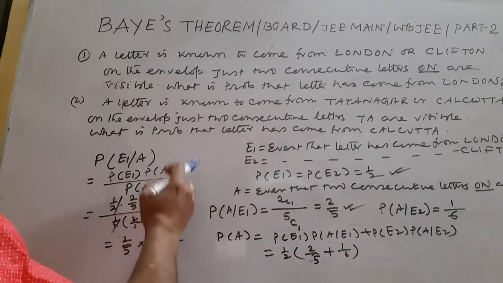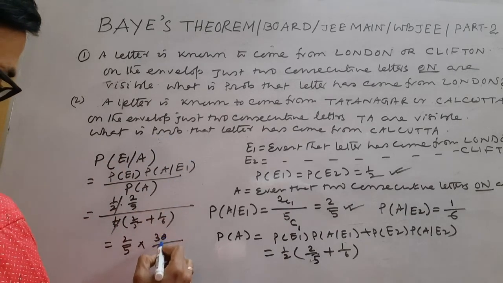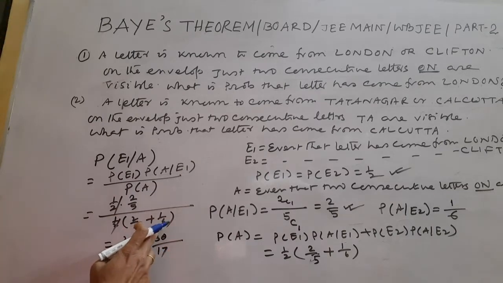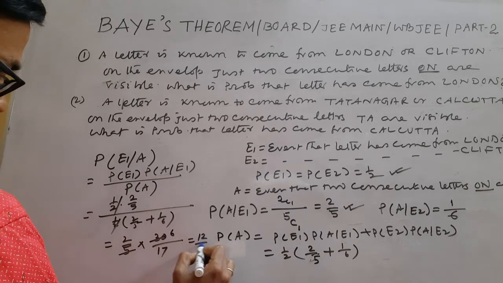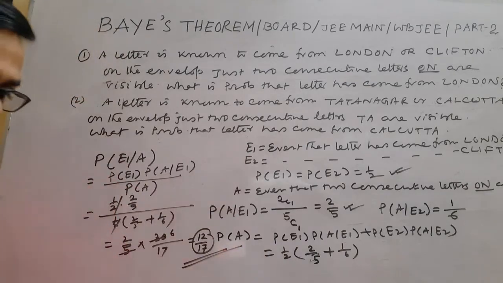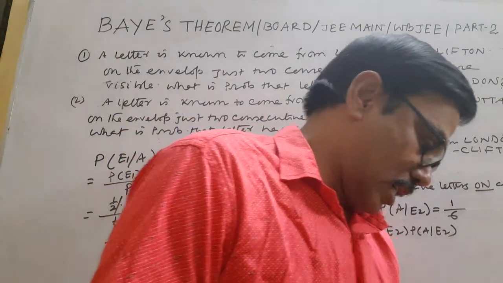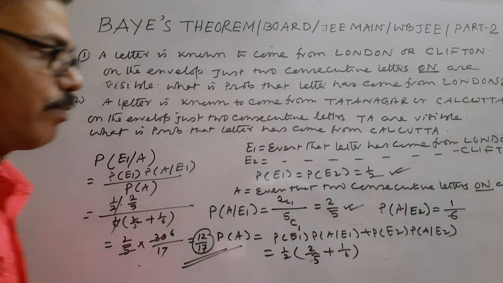So it will be the reciprocal: this is 12 plus 5, 17, and this is 6. So 12 by 17. So what is the required probability? The required probability is 12 by 17.